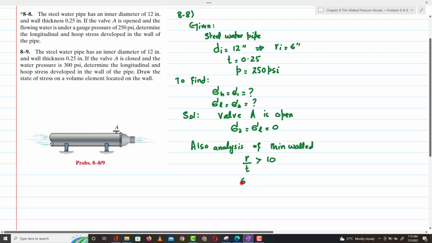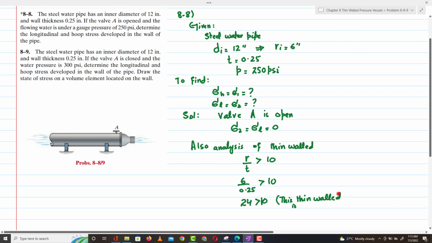So R is 6 and T is 0.25. You can see this will be equal to 24, and 24 is greater than 10. So it means that this is a thin wall pressure vessel problem.